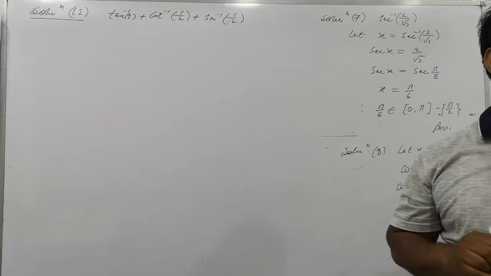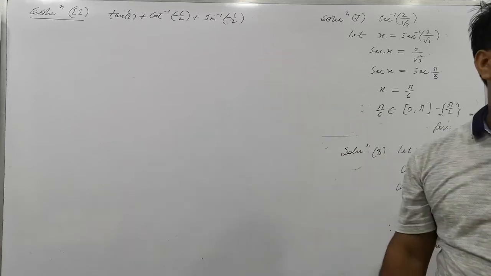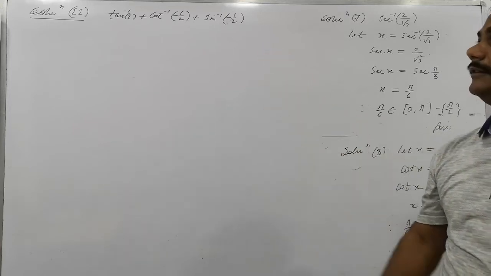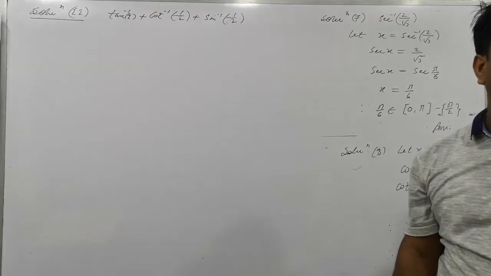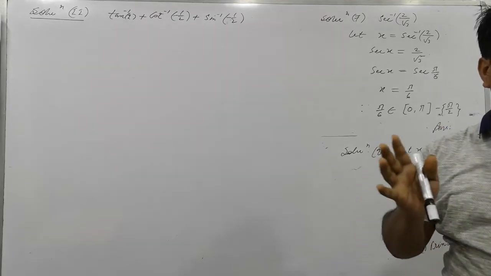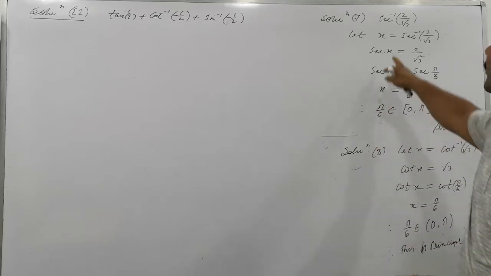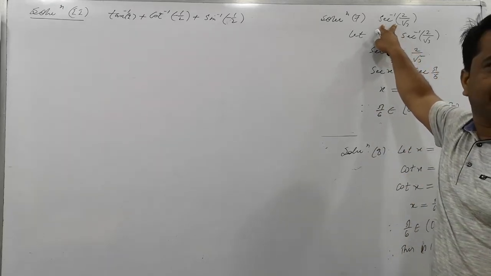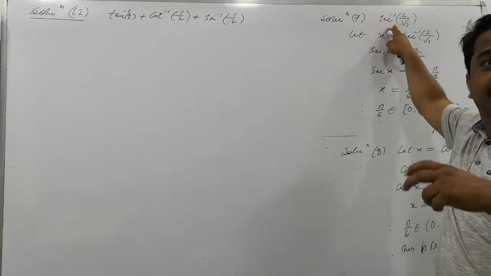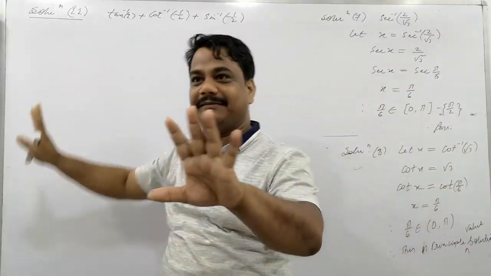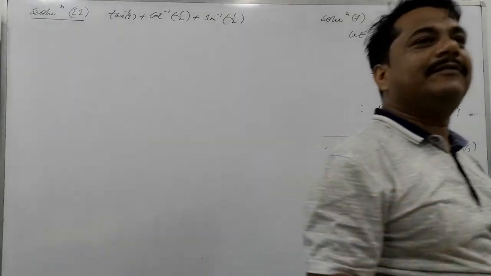Question number 11. What is the pattern here? You have to solve these 3 inverse trigonometric functions and obtain the sum of the values. You have solved this type of question earlier, right? Such 3 questions are to be solved together. Is there any formula?